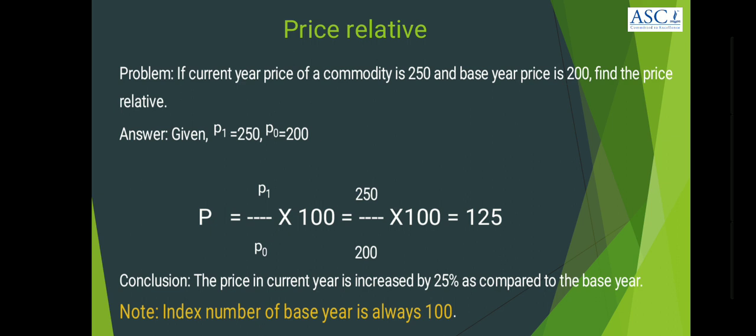If we compare the current year index number 125 with base year index 100, the difference is 25. That means price increased by 25%. That is, though actual price increased from 200 to 250, in percentage form, price increased by 25%.